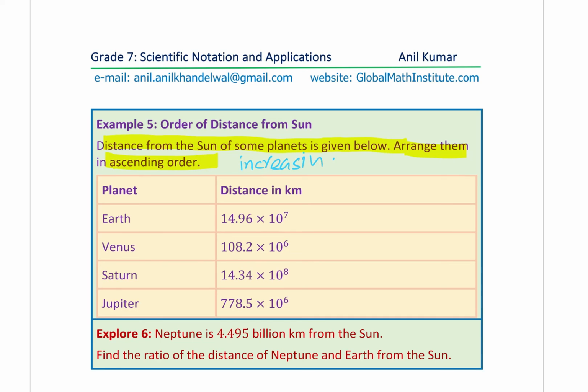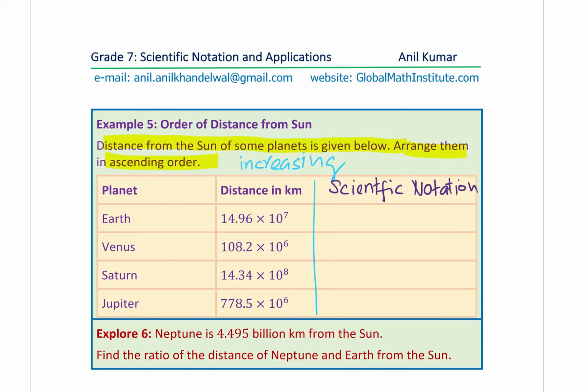You can actually pause the video, write down your answers, and then get the solution. Now, as an exercise, what we will also do here is we'll also write them in scientific notation. So first write them in scientific notation. And then increase them, correct?